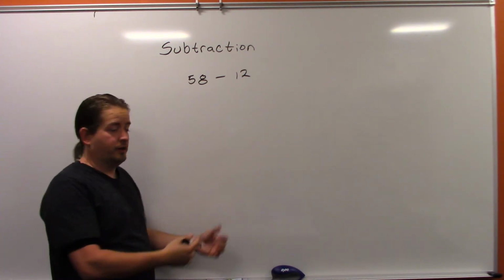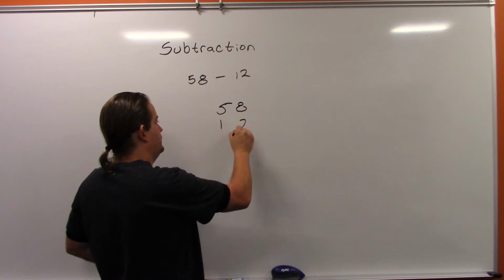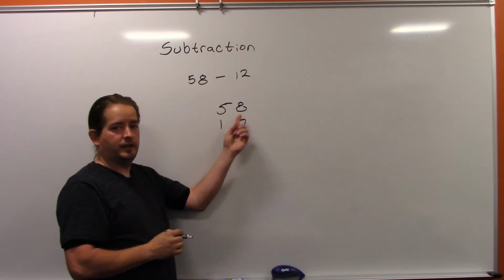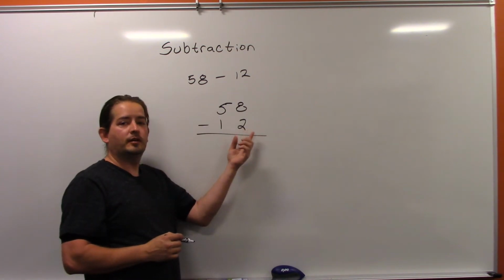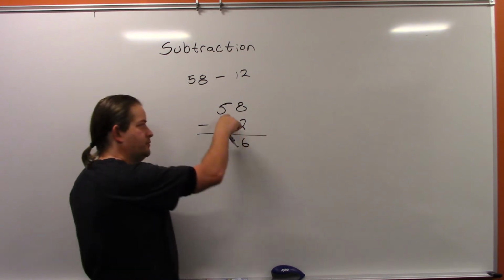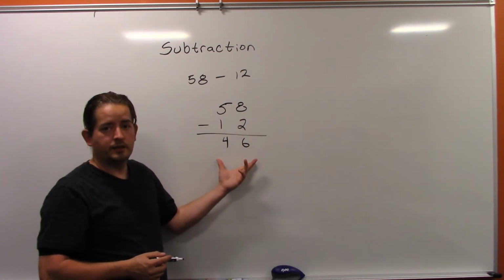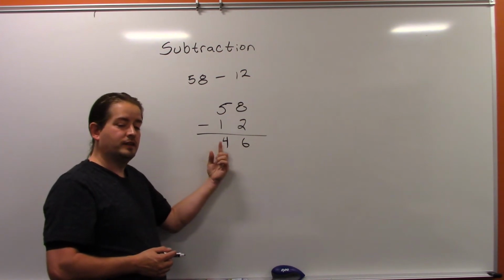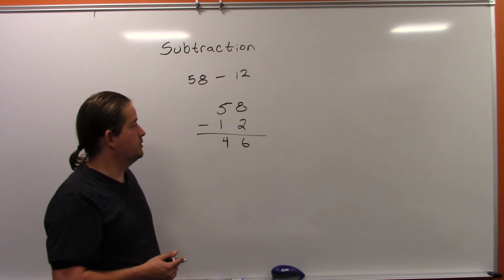Again, I'm going to put it into a column, 58, 12, the ones line up, the tens line up, and then I just subtract. I start at the ones and then I move left. 8 minus 2 is 6. 5 minus 1 is 4. My result, 46, right? Start at the ones, move to the tens, do the subtraction, move to the hundreds if necessary, the thousands, and so on.